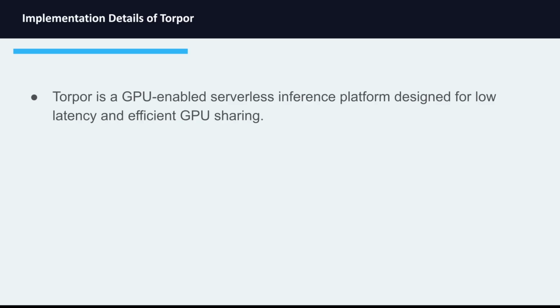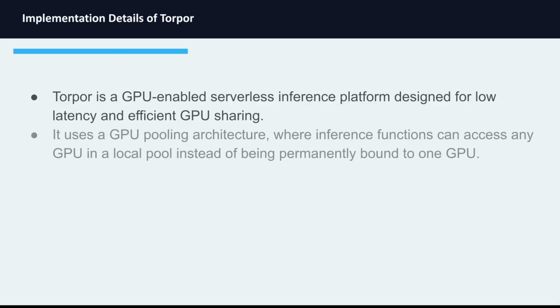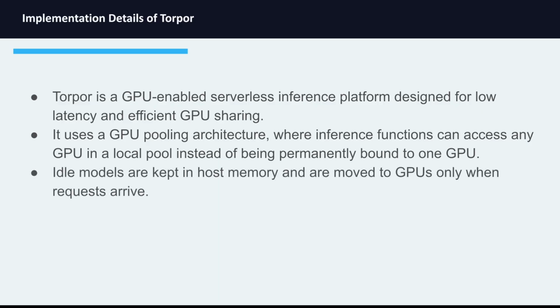So for the first details, Torpor is a GPU-enabled serverless inference platform designed for low latency and efficient GPU sharing. It uses a GPU pooling architecture, where your inference functions can access any GPU in a local pool instead of being permanently bound to one GPU. Idle models are kept in host memory and are moved to GPUs only when the requests arrive.